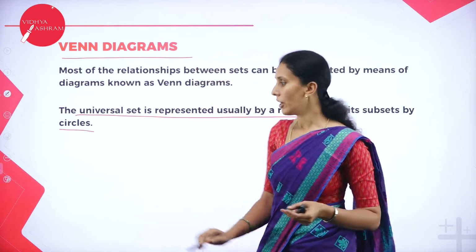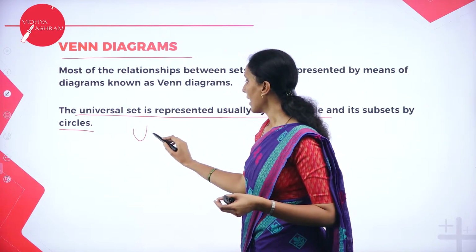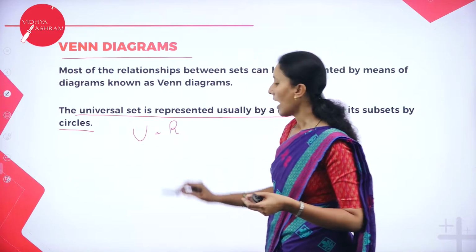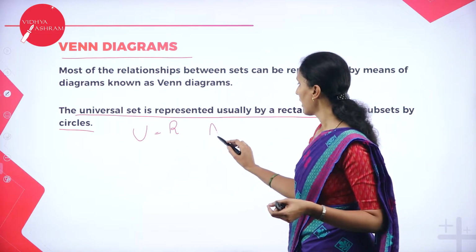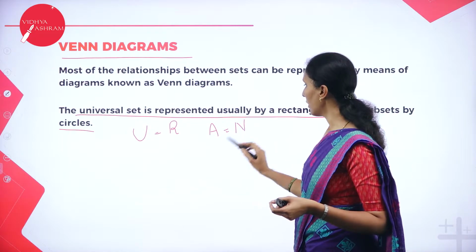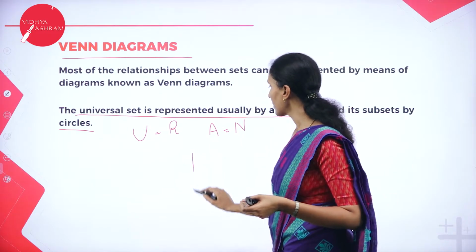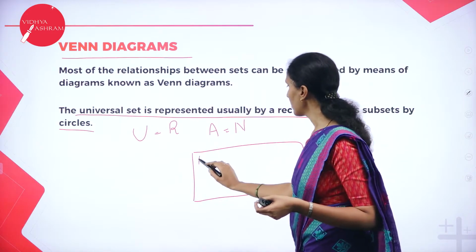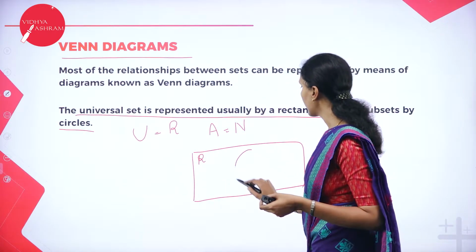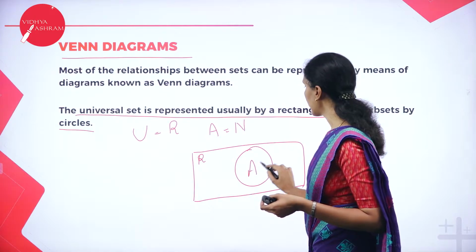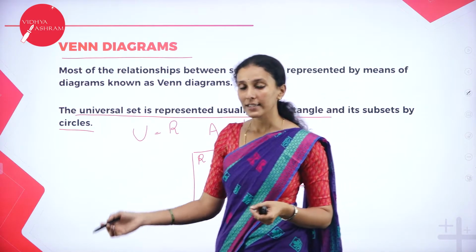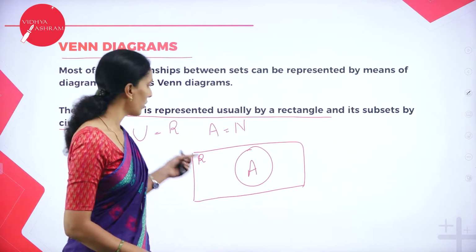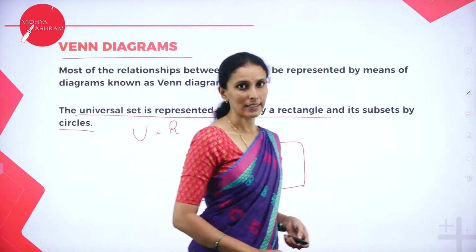So if you have a universal set as R and a subset as natural numbers, then universal set R can be represented using a rectangle. So this is your universal set, and A is the set of natural numbers, which is a subset of real numbers. Therefore, it is represented using a circle.